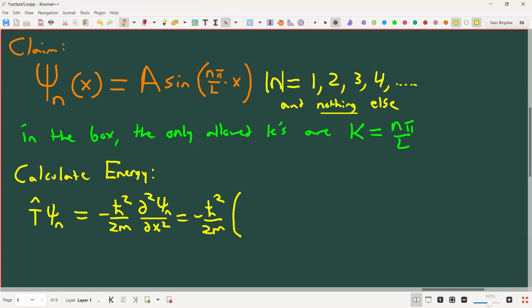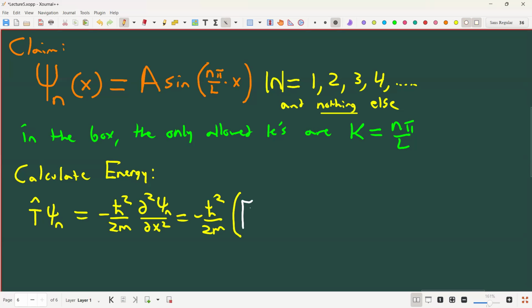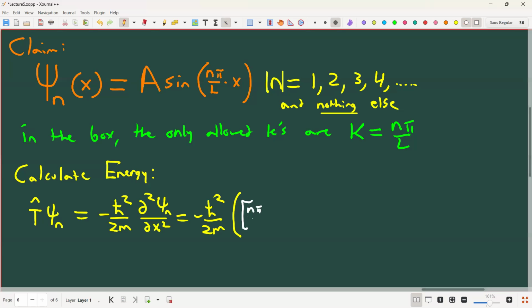The first derivative of my function gives me a cosine. From the chain rule, I get a factor of n pi over L on the outside: cosine of n pi x over L times n pi over L. Now I'm going to take the derivative again, because it's the second derivative.